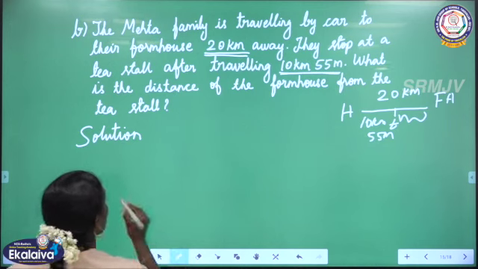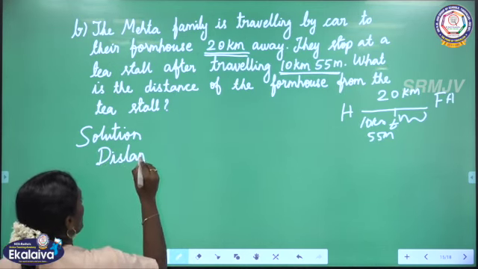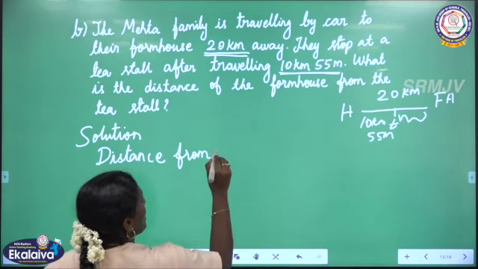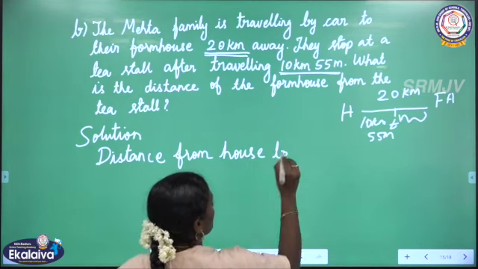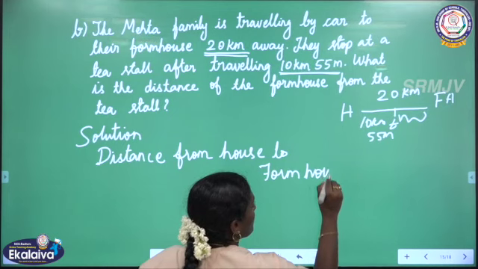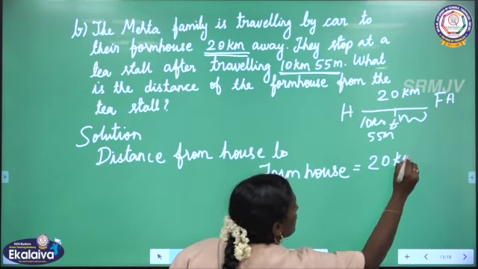So, distance from their house to farmhouse. That is 20 kilometer.